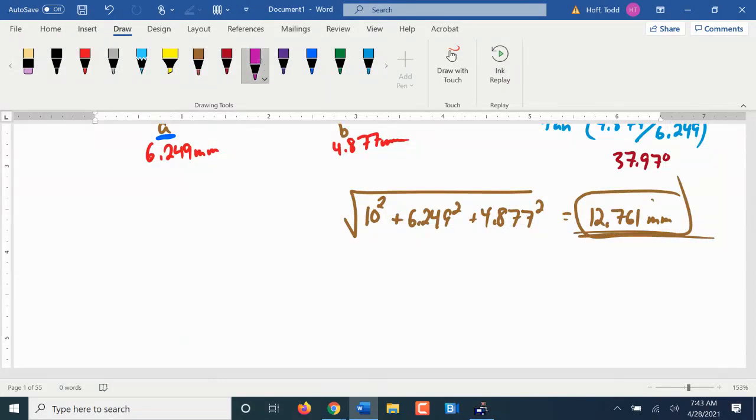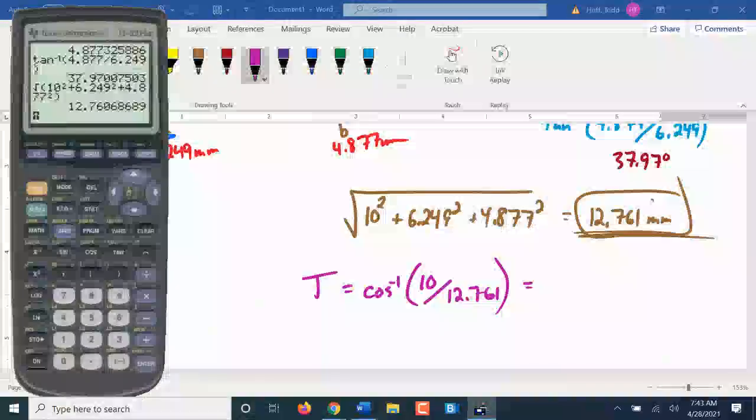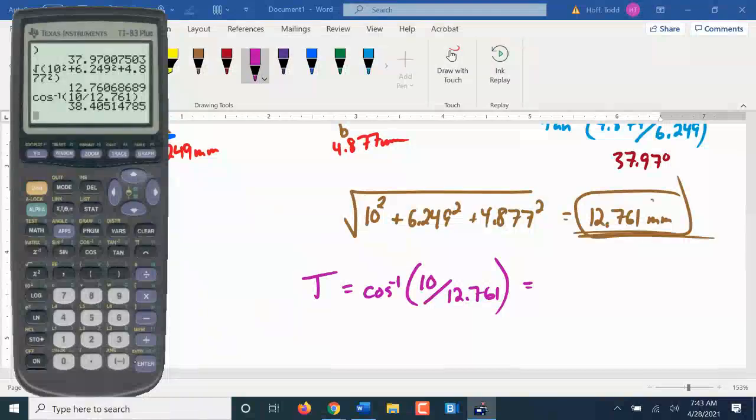But it does allow us to find our angle of tilt. It'll be the inverse cosine of our thickness, 10, divided by that length of bore. That gives 38.41 degrees.